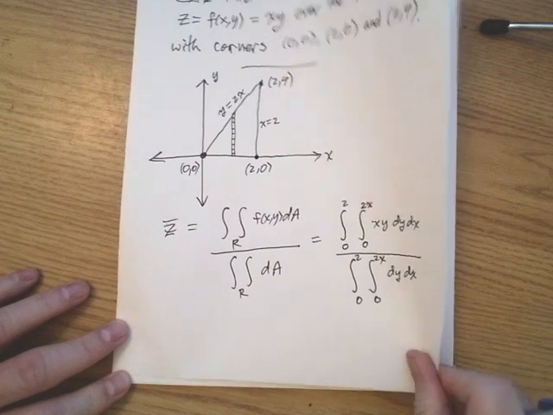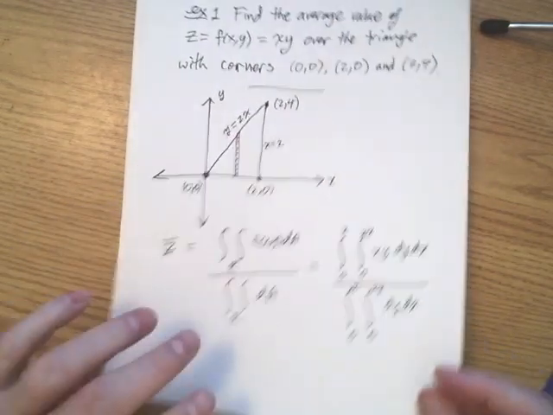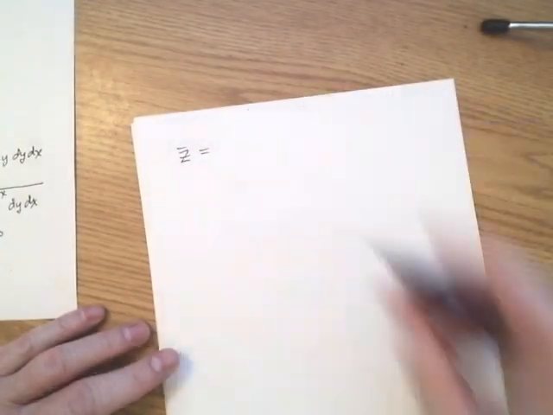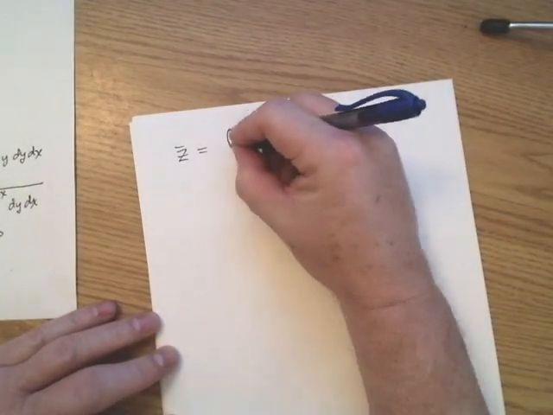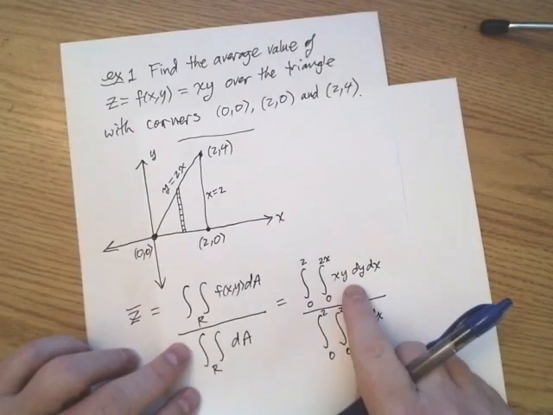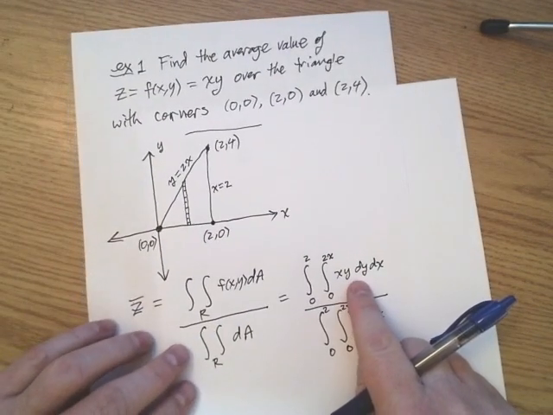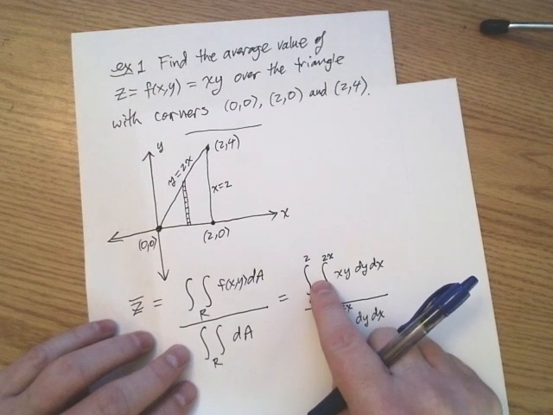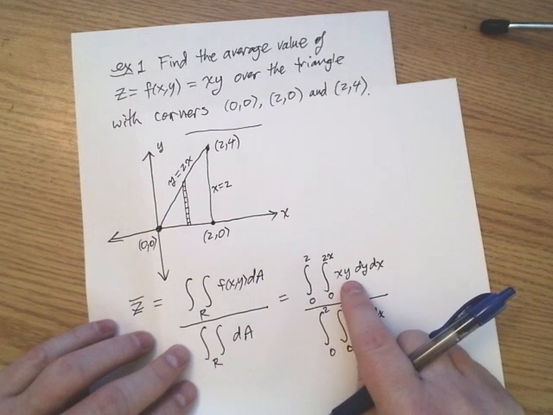Just so we see this one time, let's go ahead and work this out. I'm going to make another statement. Z bar, integral from 0 to 2. Let's see. I'm integrating out y. You guys see I could actually factor that x outside of this integral. I'm integrating y.